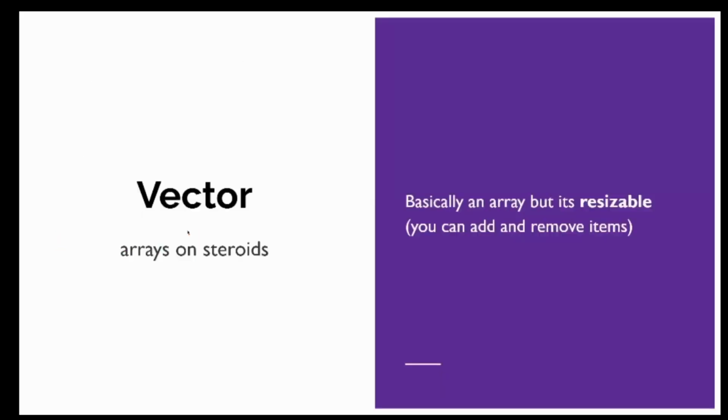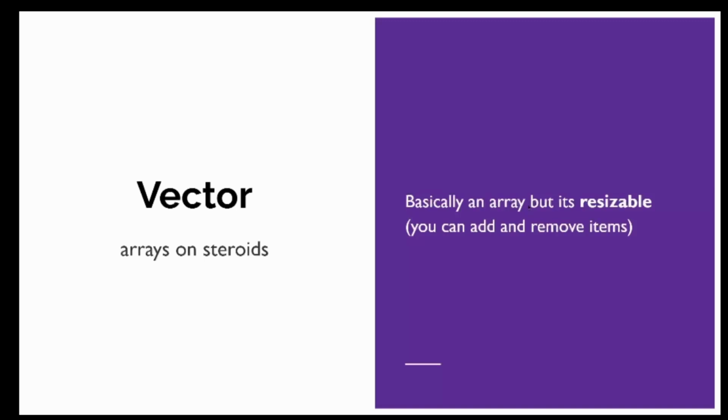Okay, next up, vector. So what is a vector? A vector is a better kind of array. Currently, we have taught in the elementary class how to use arrays, but actually most people who do C++ and competitive programming would choose to use a vector instead of an array. Why?